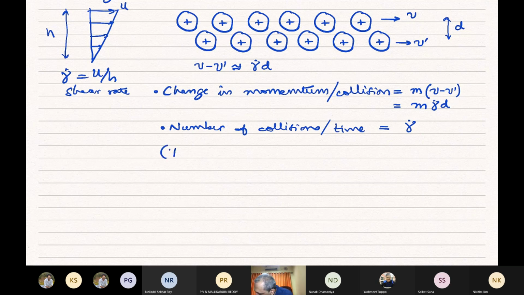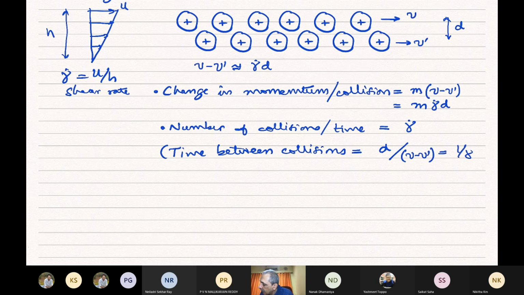So I'll just write over here what I just mentioned: the time between two collisions is equal to the distance traveled, d, divided by the difference in velocity, and this comes out to be 1 by gamma dot.